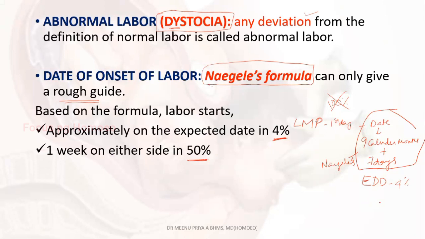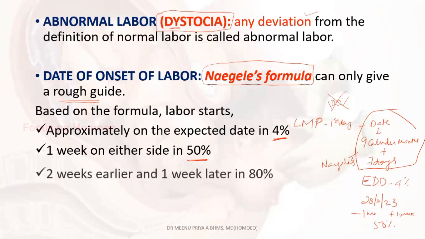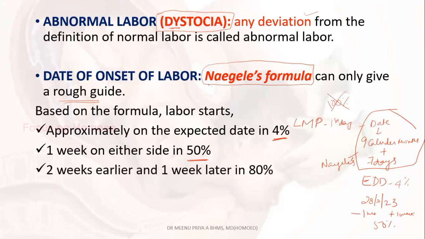For example, if July 28th is the EDD, then minus 1 week or plus 1 week of this date, in 50% we can expect labor. And 2 weeks earlier, so minus 2 weeks, in 80%.